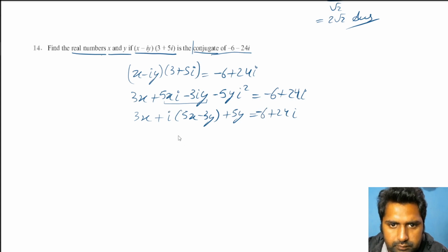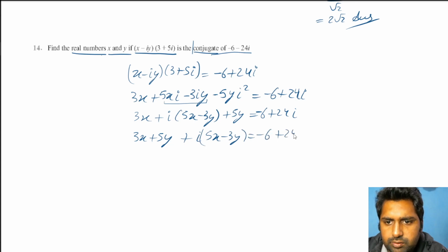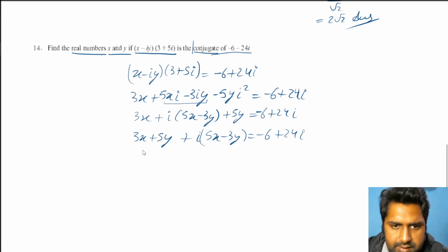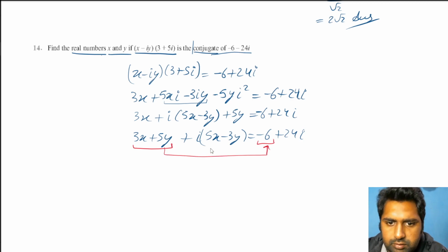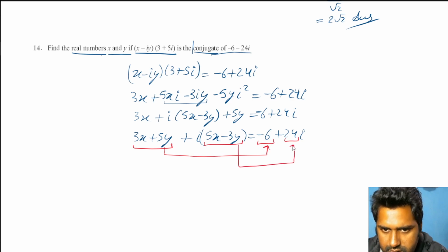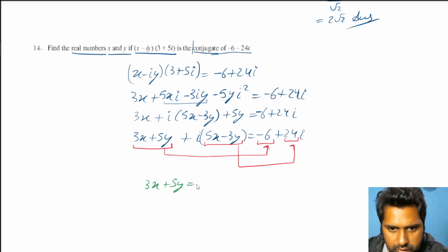Now combine this: 3x plus 5y plus iota into 5x minus 3y is equal to minus 6 plus 24 iota. Now how can we solve this? The idea is to compare the real part with the real part, meaning terms without iota, and compare the complex part, the iota part, with iota. If you compare this, you'll get two equations: 3x plus 5y equal to minus 6 and 5x minus 3y equals 24.